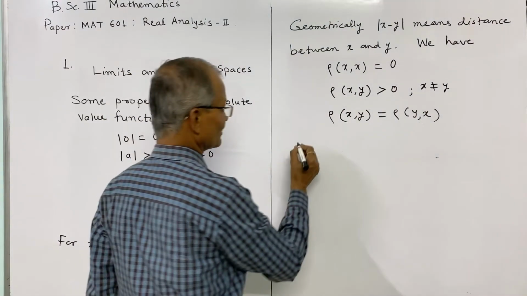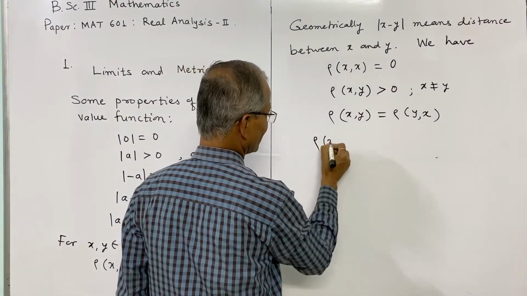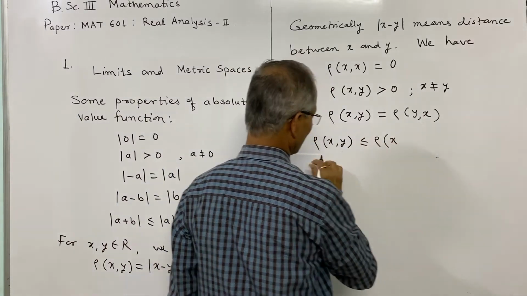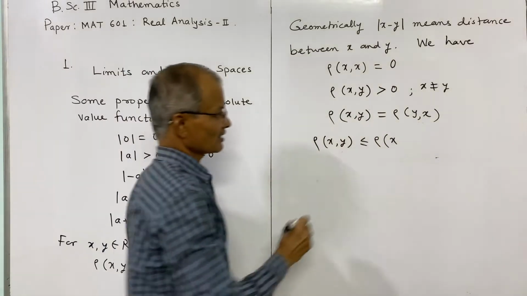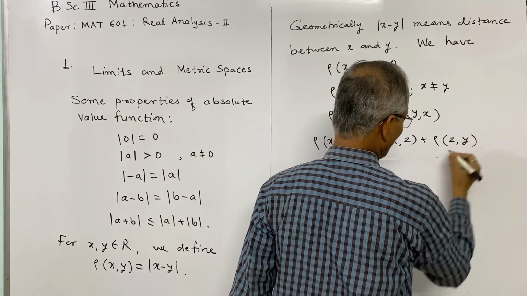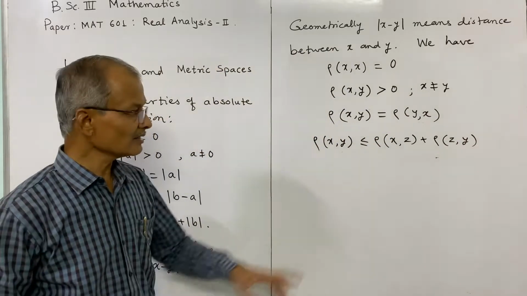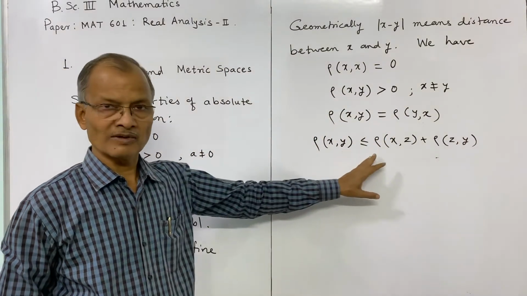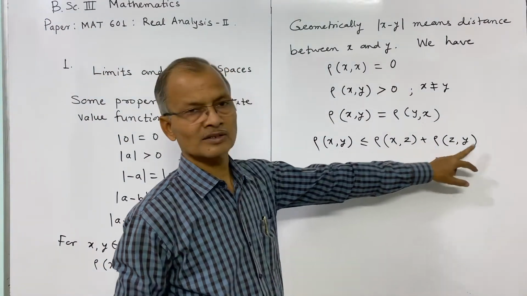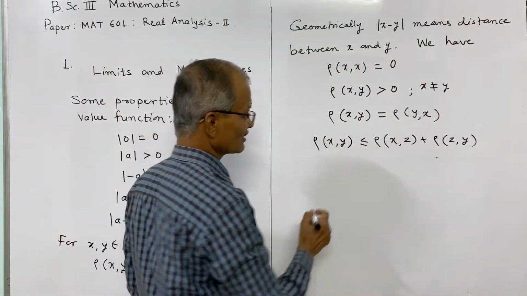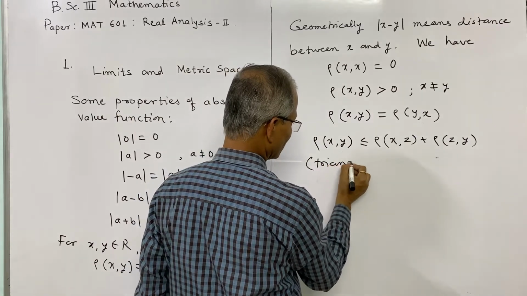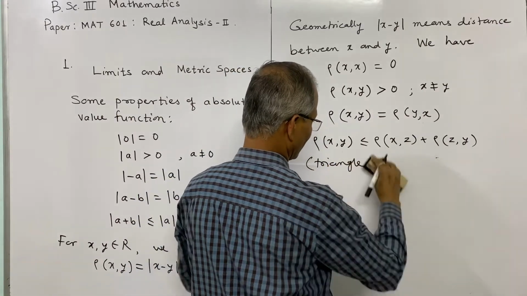And one more property will be: the distance between x and y is less than or equal to rho of x and z plus rho of z and y. That is, the direct distance between x and y is always less than or equal to the distance between x and z plus the distance between z and y. This is known as the triangle inequality.